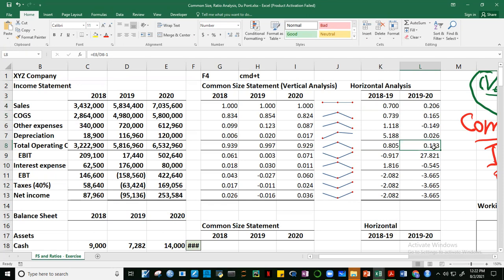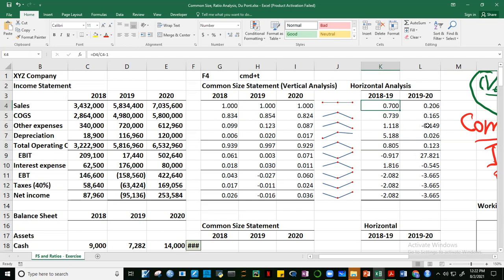Ang total operating cost increase 12.3% lang. So mas mataas yung percentage increase ng sales kaysa sa total operating cost. Dito nagka-problema tayo: mas mataas yung percentage increase ng operating cost kaysa percentage increase ng sales.